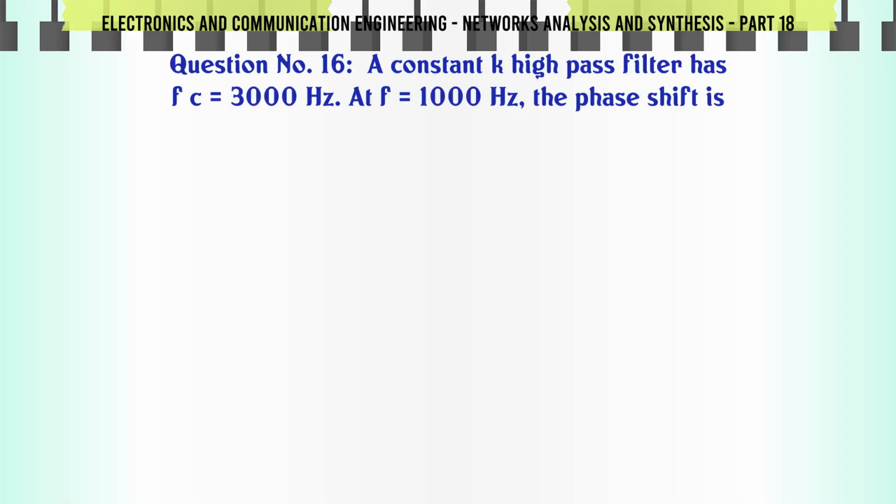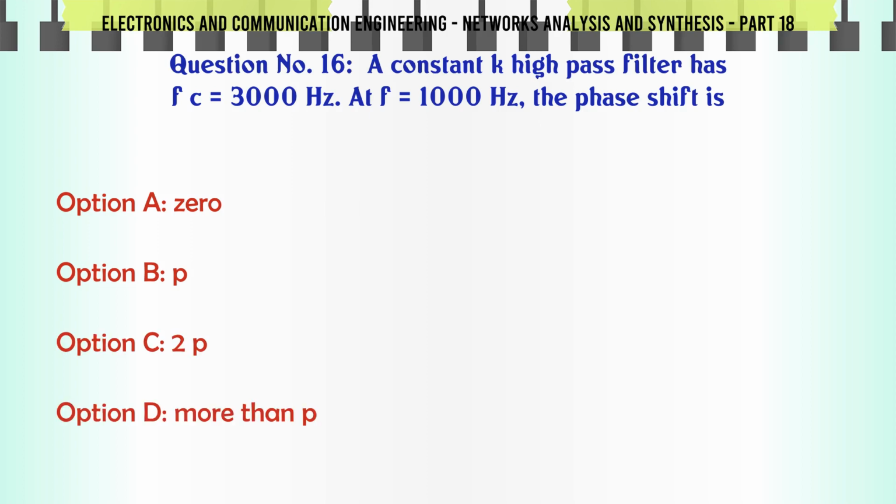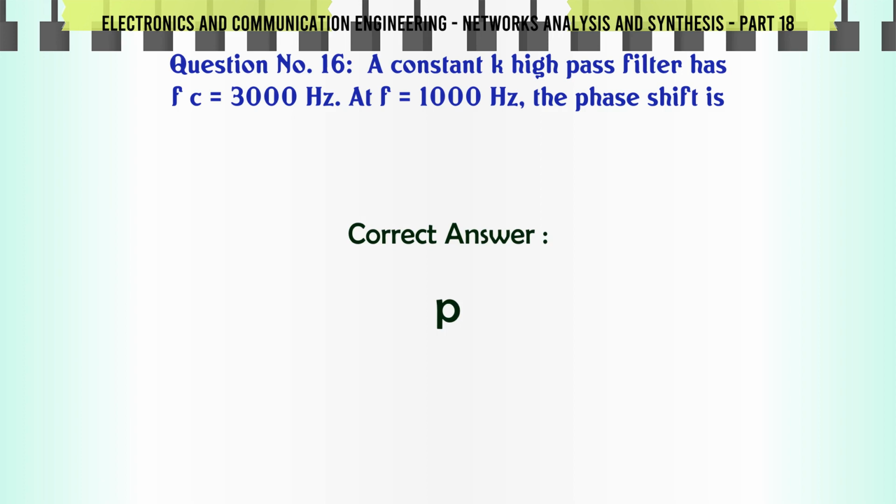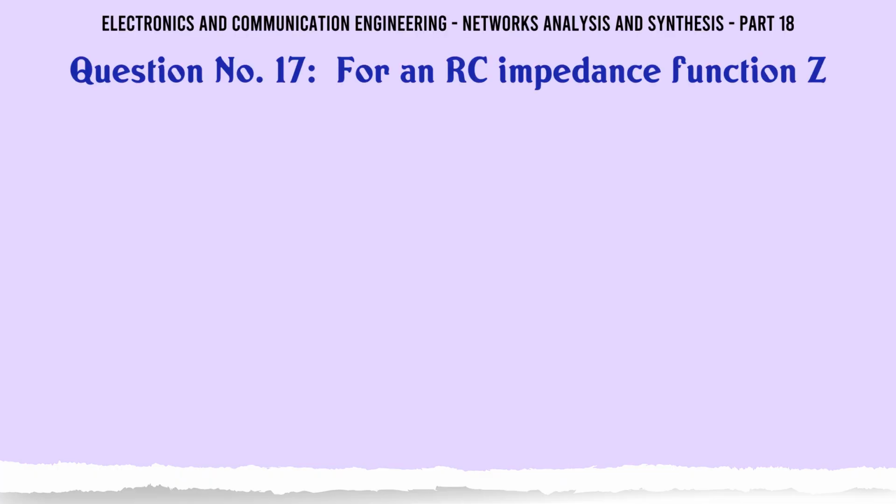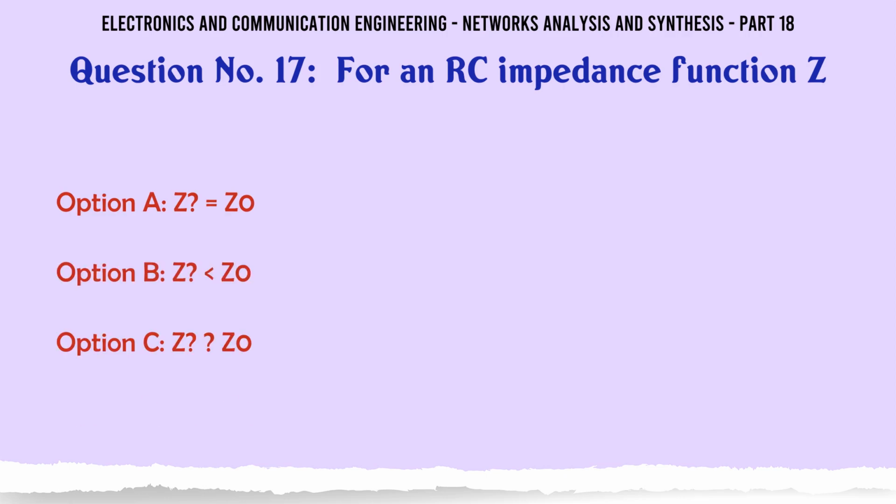A constant K high-pass filter has fc = 3000 Hz. At f = 1000 Hz the phase shift is A. 0, B. π, C. 2π, D. more than π. The correct answer is π. For an RC impedance function Z, A. Z∞ > Z0, B. Z∞ < Z0, C. Z∞ = Z0, D. Z∞ ≠ Z0.